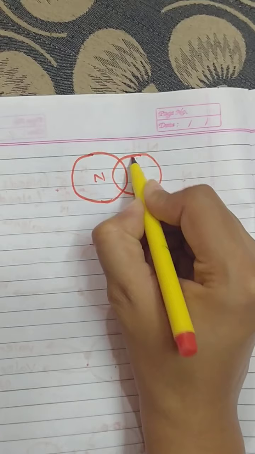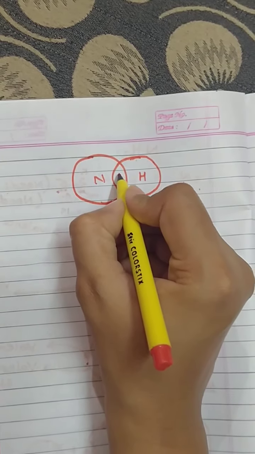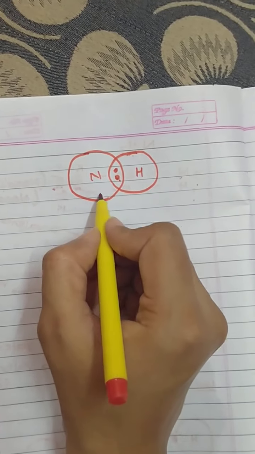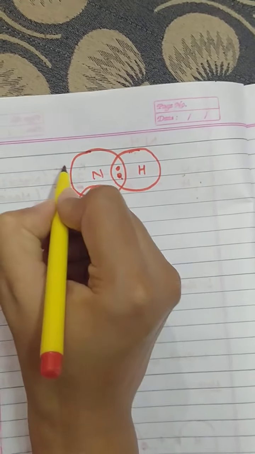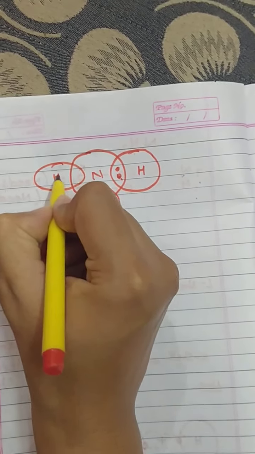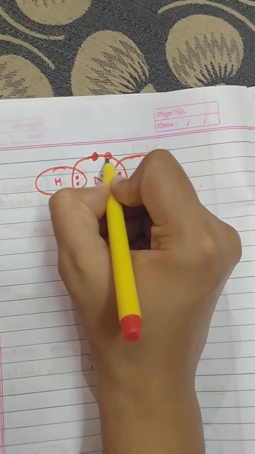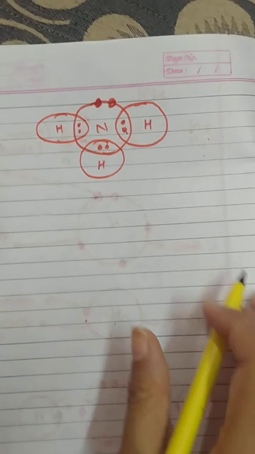The sharing means the atoms get overlapped, and the electrons which are shared by each atom are written in between, in the overlapped region, like this. So you can draw the structure of the ammonia molecule, the covalent molecule, in this manner.